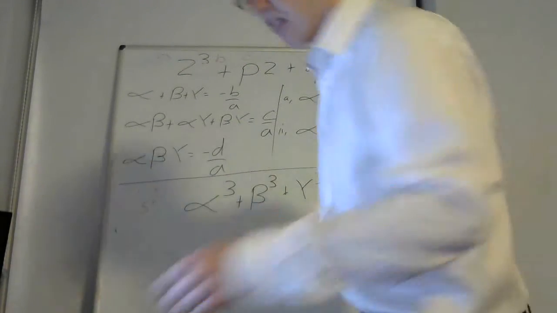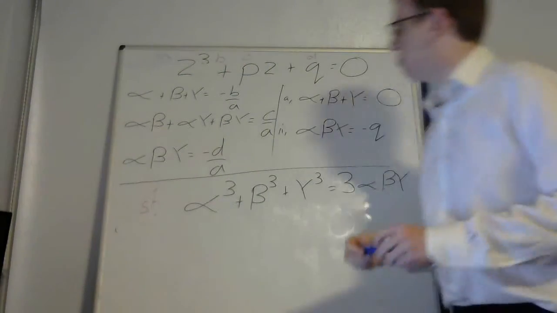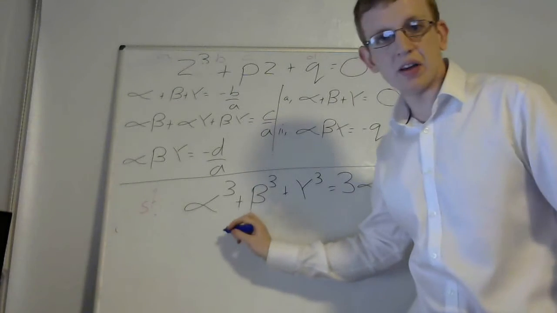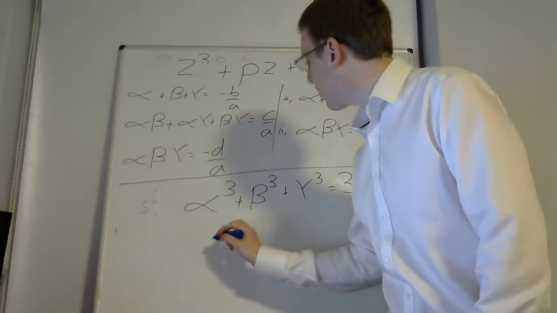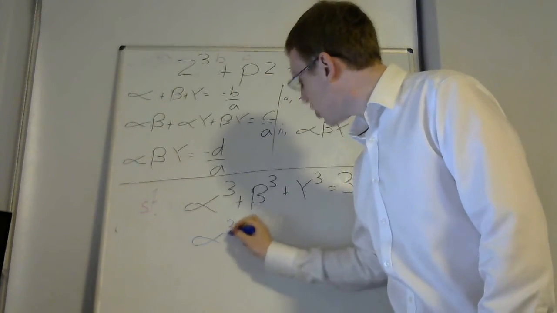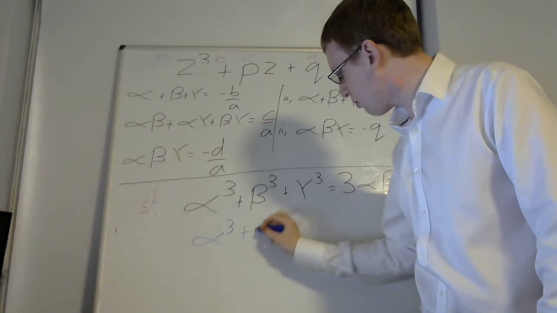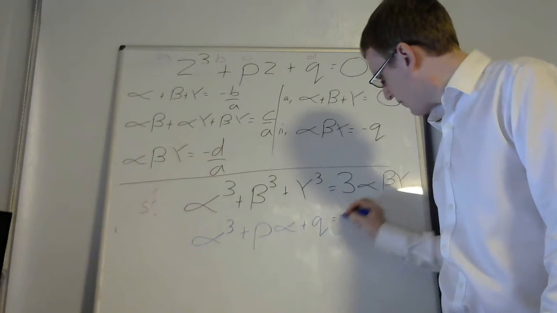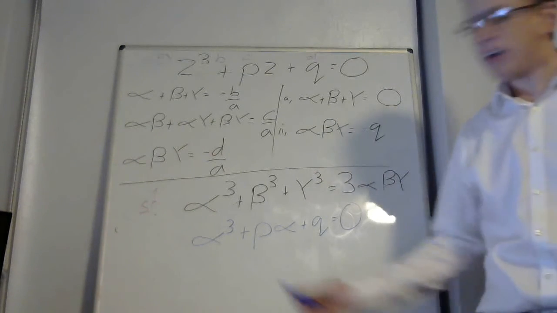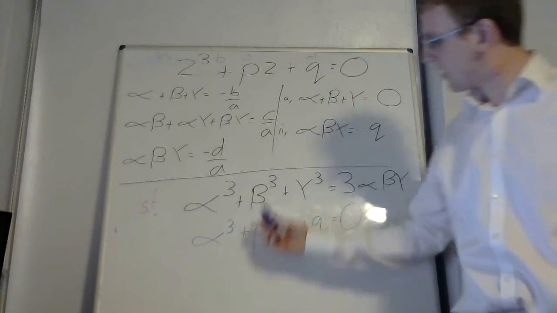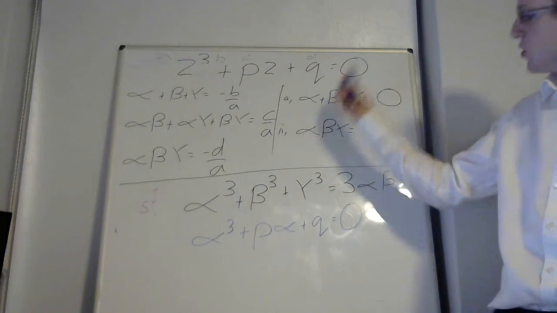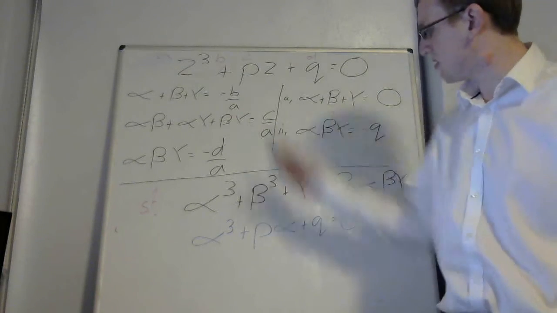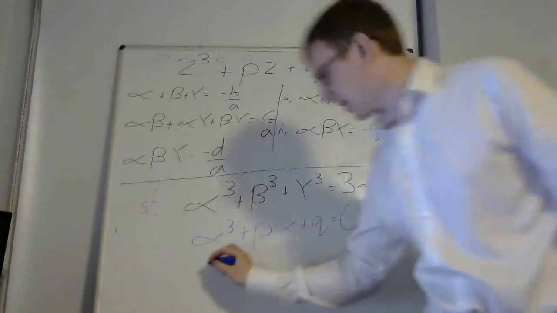So let's write that down. I'll do it in blue. So alpha cubed plus p alpha plus q is equal to 0. And that's got an alpha cubed, and I can get a beta cubed and a gamma cubed just by doing the same thing, by substituting beta into here and then substituting gamma into here.